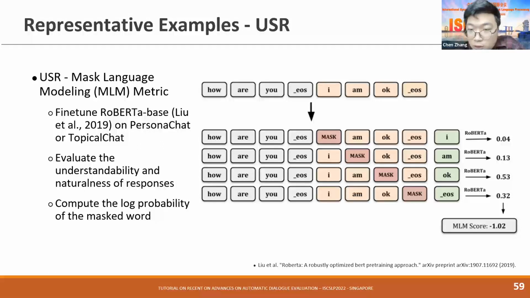The original response is, for example, I am okay. So they mask 1 word at a time. Then use the fine-tuned RoBERTa to give a score. For example, we first mask I, then we see the log probability of the model predicting I, and so on and so forth. Then we add them up, and then we negate the sum. This is because usually the log probability score correlates in a negative way with the human score. So that's why we negate here.